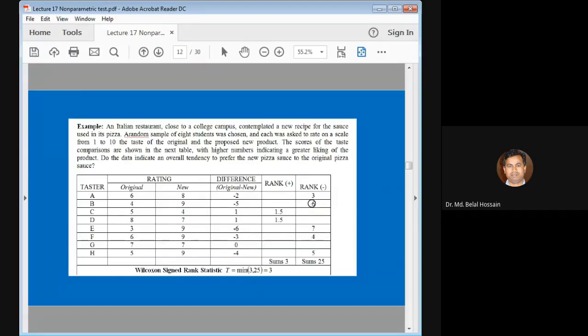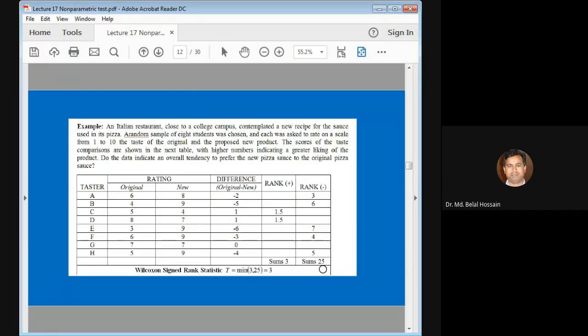So we got these ranks. You see, we had only 2 values that are positive, and the ranks for the positive differences sum to 3, since 1.5 plus 1.5 is 3. These other ranks are for the negative differences: 6, 3, 7, 4, and 5.